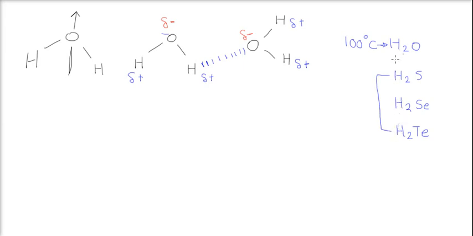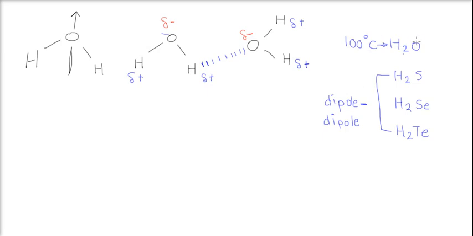And all these compounds have the exact same geometry. They're all bent. The difference is that these last three here only exhibit dipole-dipole rather than hydrogen bonding interactions. And so dipole-dipole forces are weaker than hydrogen bonding.